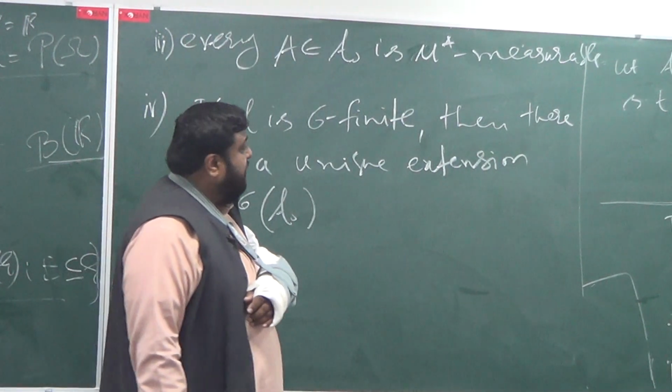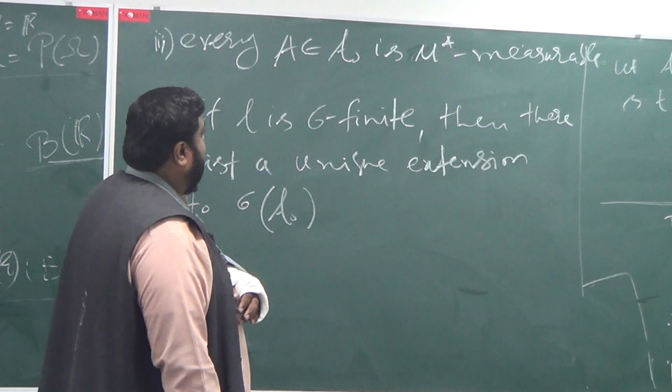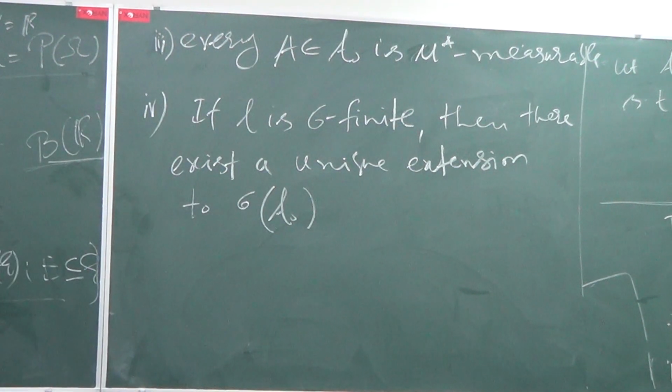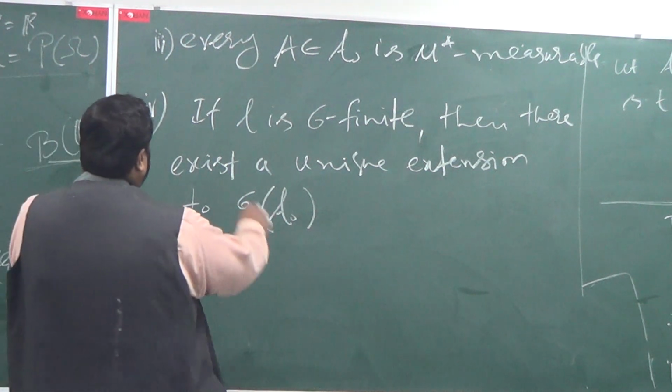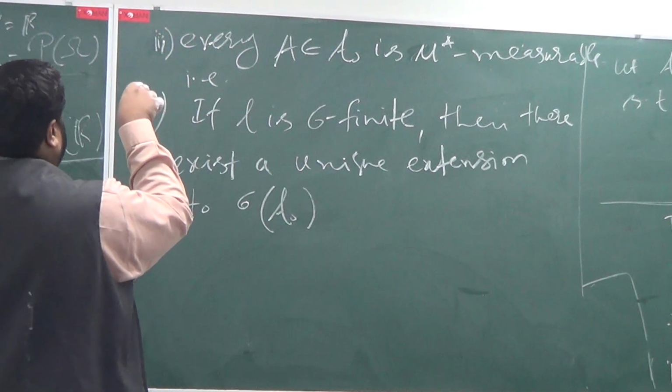The third is telling us that all elements in A naught are mu star measurable, and what is the meaning of being mu star measurable? Let me write it here.